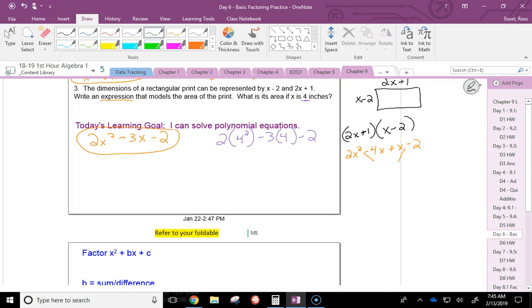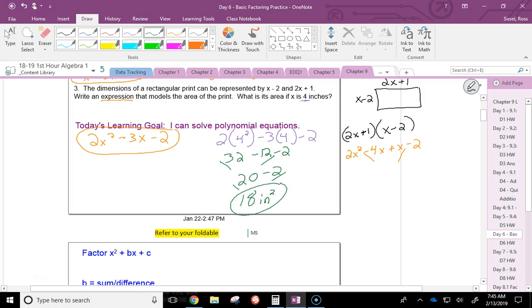I'd have 4 squared is 16 times 2 is 32. 3 times 4, we'd have -12 minus 2. We just break it down. 20 minus 2. So we would get 18 inches squared.